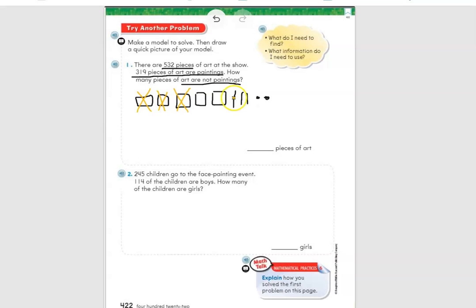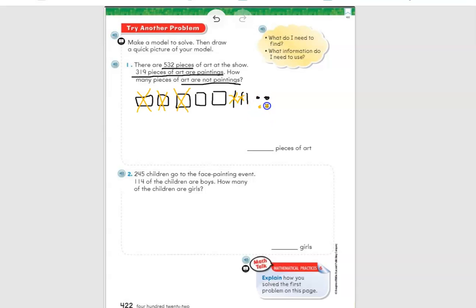Here's the problem. I can take away 10, but I only have 2 ones. I don't have 9 ones. So I'm going to take away the 10 for 19, but I'm also taking away this 10. And you got that right. I'm making 10 ones.